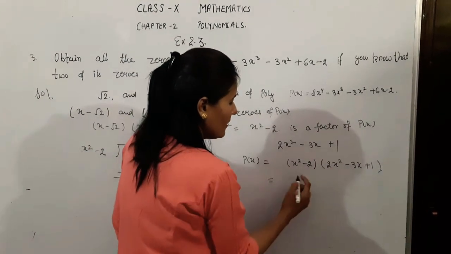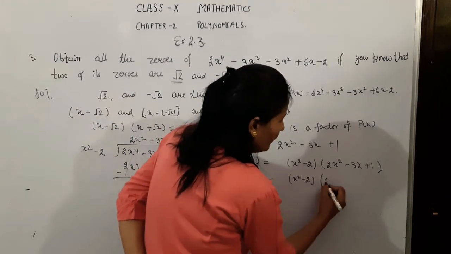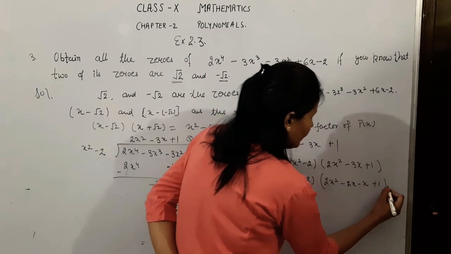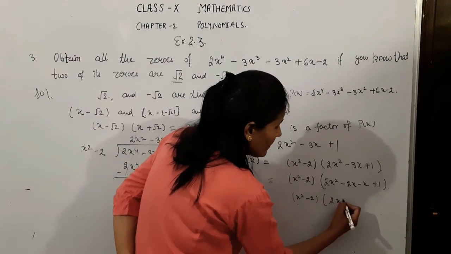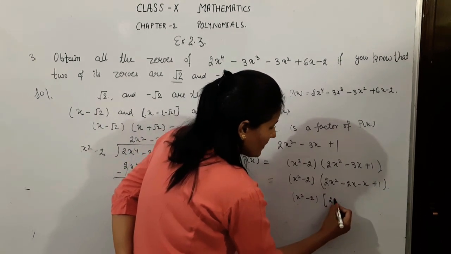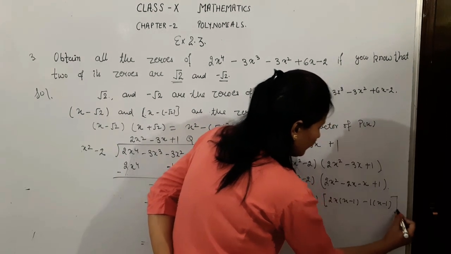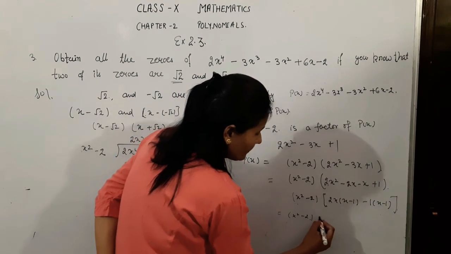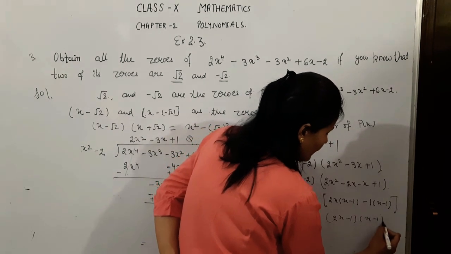Now we will factorize this using splitting the middle term. 2x square minus 2x minus x plus 1. 2x is common, x minus 1. x minus 1. So it becomes x square minus 2 times 2x minus 1 and x minus 1.